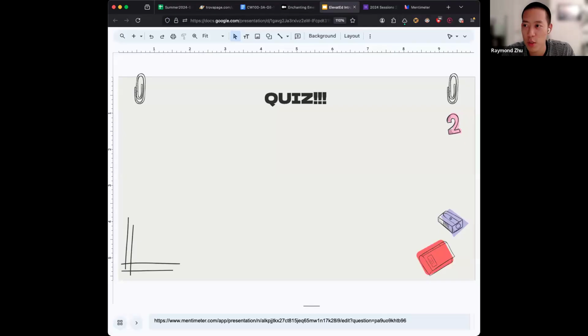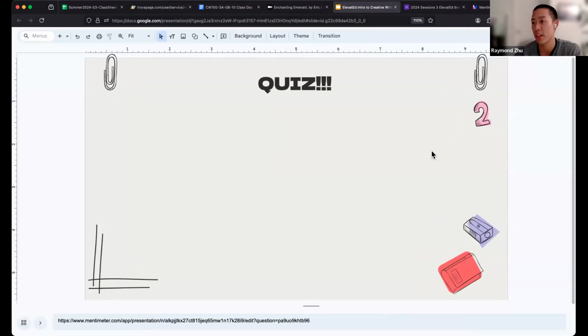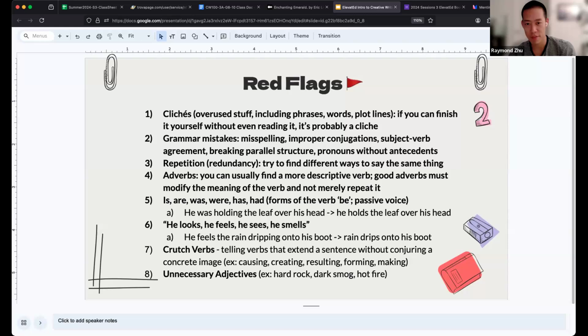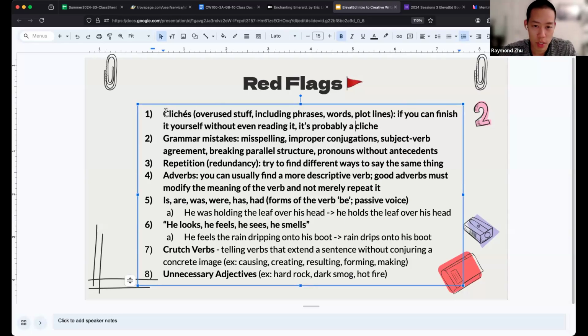So hopefully you learned a bit about red flags and green lights, or I should say reviewed. I have them up here again, and I'll go through them really quickly. We've talked about some of them. So first one is cliches, right? If you can finish it yourself without even reading it, it's probably a cliche. This can either be a phrase, a word, or a plot line.